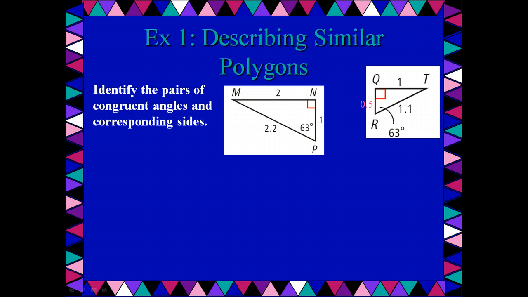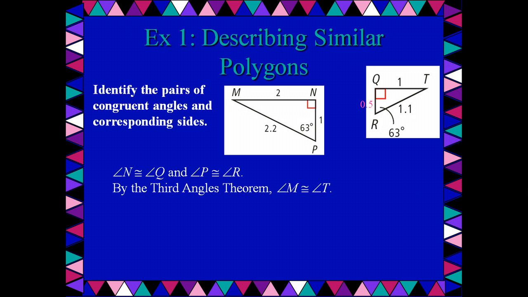Let's look at an example. Identify the pairs of congruent angles and corresponding sides. So in this one, we are just trying to describe similar polygons. Angle N and Q are congruent, and angle P and R are congruent. And we know this because the two drawings show us that this is true.